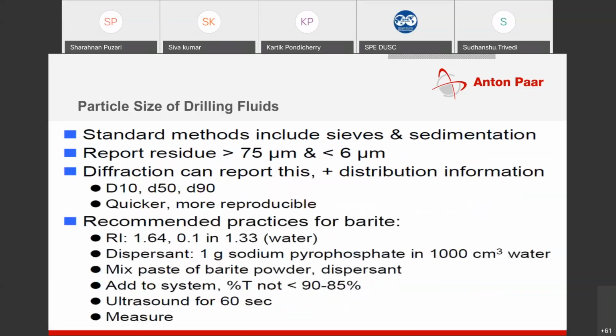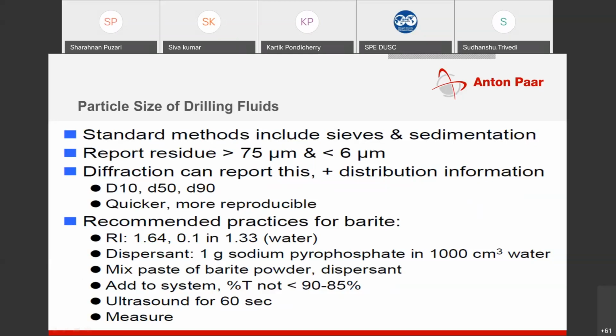What does particle size do in these drilling fluids? Standard methods are used. Old methods like sieve and sedigraph or sedimentation are used for these drilling fluids, always reporting the residual, for example, that it should be greater than 75 microns or less than 6 microns. Laser diffraction reports the distribution information by using D10, D50, D90.